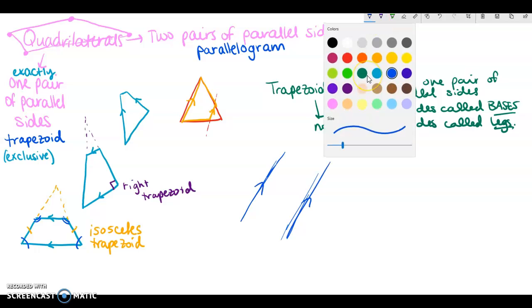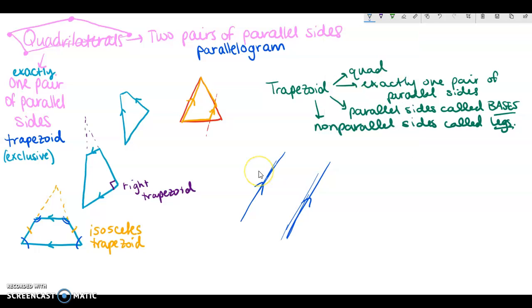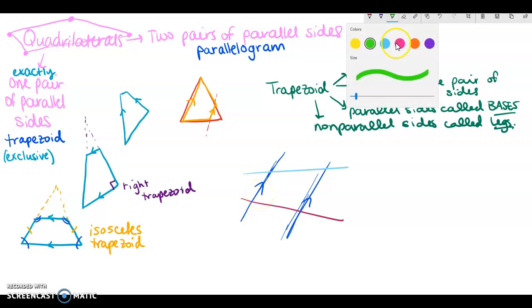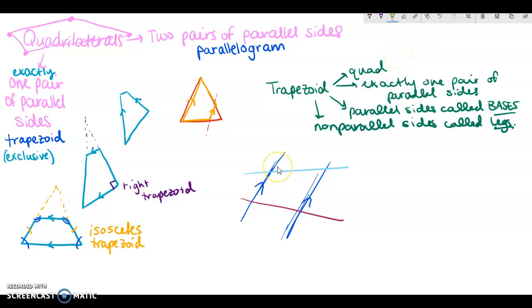And then the rest of the trapezoid is formed because you have two transversals cutting those two parallel lines, right? So you kind of have this idea of two transversals cutting parallel lines, and then you get this trapezoid situation.